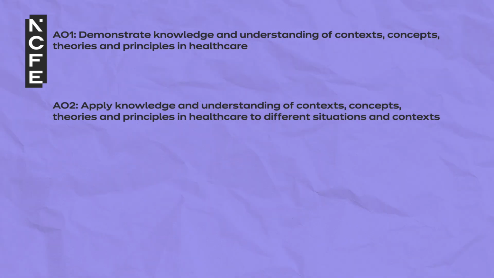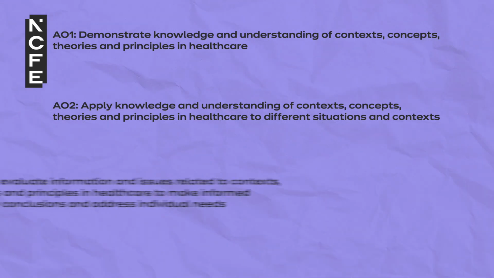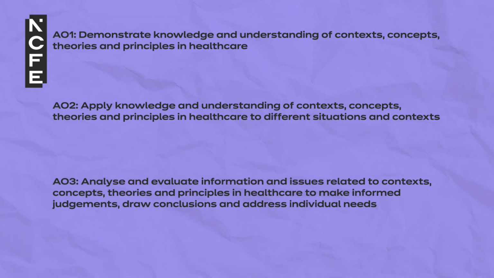AO2. Apply knowledge and understanding of the context, concepts, theories and principles in healthcare to different situations and contexts. AO3. Analyse and evaluate information and issues related to context, concepts, theories and principles in healthcare to make informed judgments, draw conclusions and address individual needs.